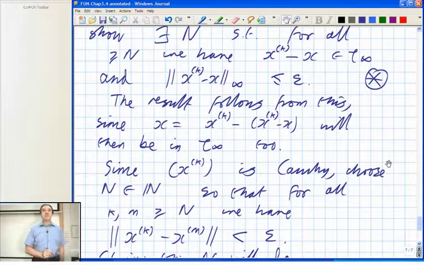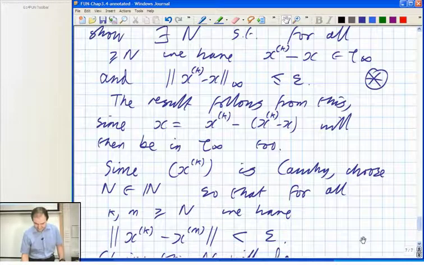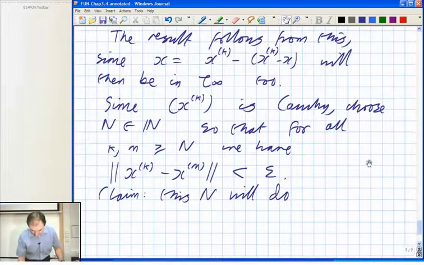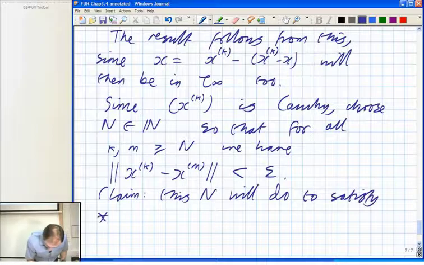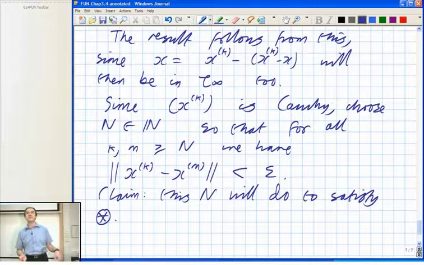This is what I'm going to try to achieve, and I claim that this M will do to satisfy star. That from that point onwards, you're within epsilon of x. And once we've done that, we've finished.